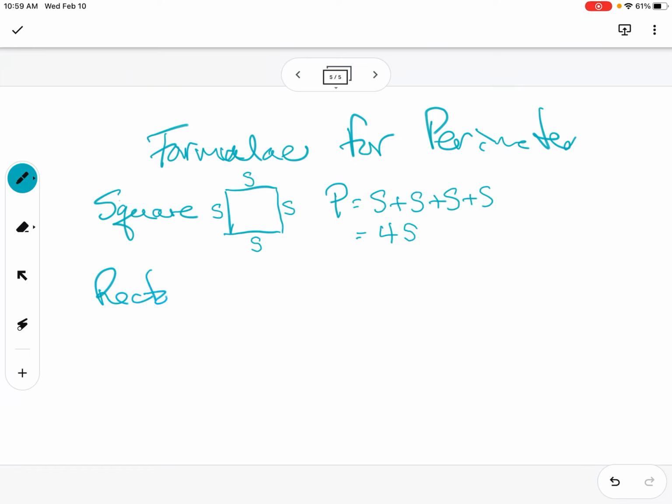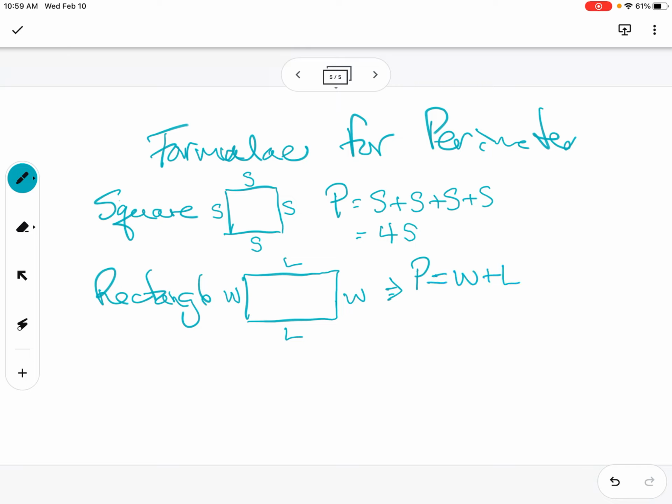If it's a rectangle, that means opposite sides will be equal, so we'll have width and width and length and length. The lengths that are opposite are the same, and the widths that are opposite are the same. To calculate the perimeter of a rectangle is going to be width plus length plus width plus length.